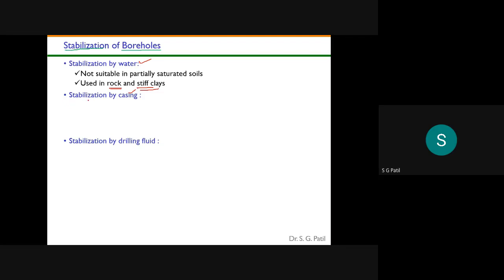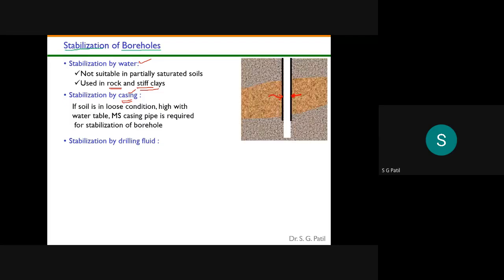The second method is stabilization by casing. How can we do stabilization by casing? Through this picture I am showing here, this is the strata. This is a weak soil strata. Due to this weak soil strata, the collapse will happen here.